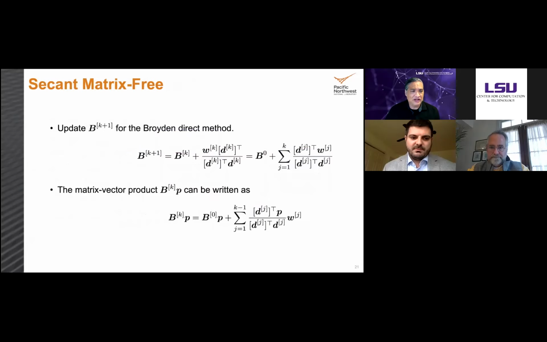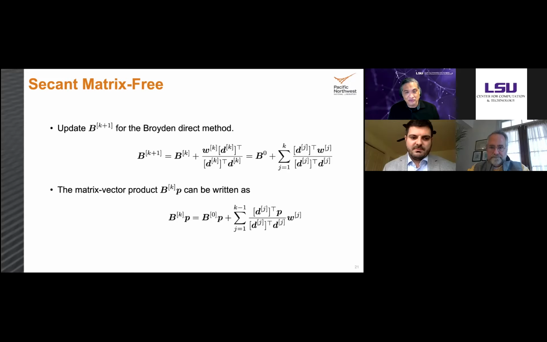If we look at the update for Broyden's direct method, for instance, it's equal to the previous value of B plus an outer product term. Well, we can recurse back on what all of those terms are and just get a summation for what the matrix is. It's the initial value B0 plus the summation of outer product terms. If we want to multiply that matrix B times some vector, we can do that by applying this outer product term, which now will just turn into a bunch of inner product terms times the previously stored vectors.